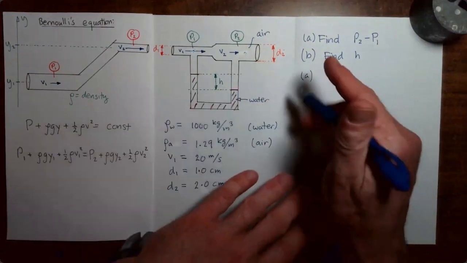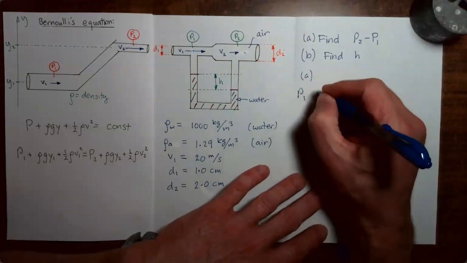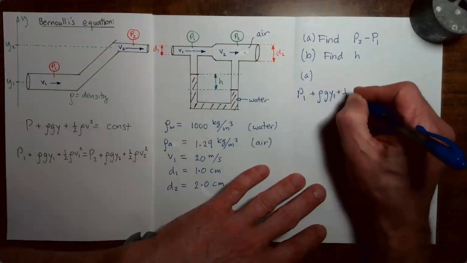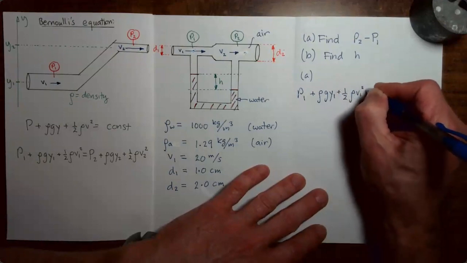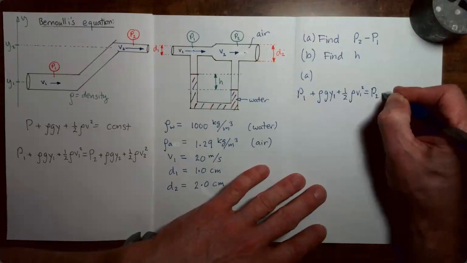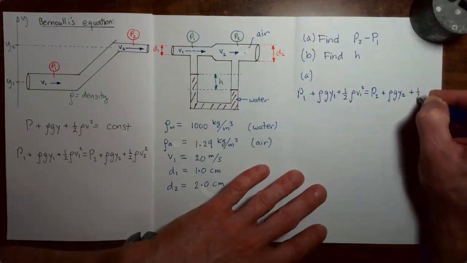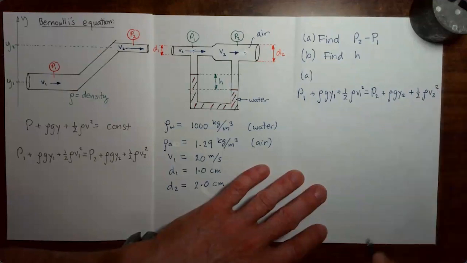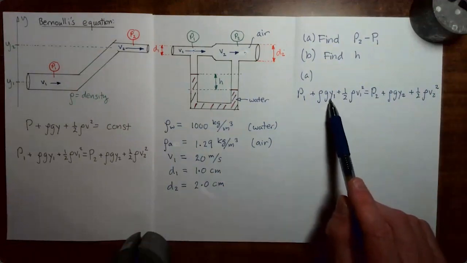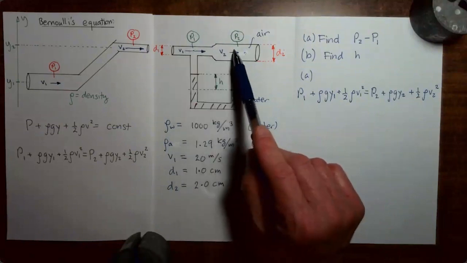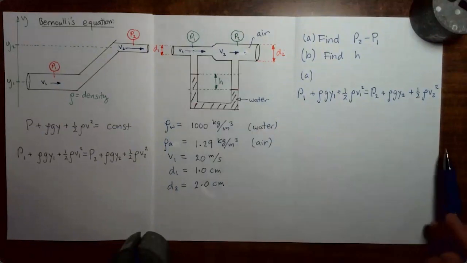So I'm just going to copy this over. I have P1 plus rho g y1 plus 1/2 rho v1 squared equals P2 plus rho g y2 plus 1/2 rho v2 squared. Notice that Bernoulli's equation here references the vertical coordinate in segment 1 and also the vertical coordinate in segment 2.